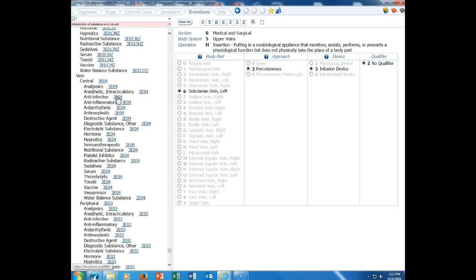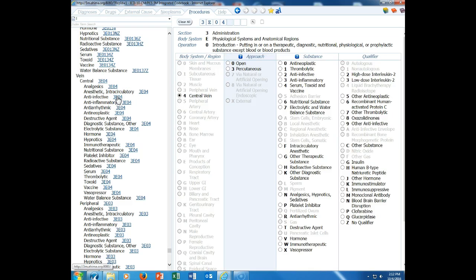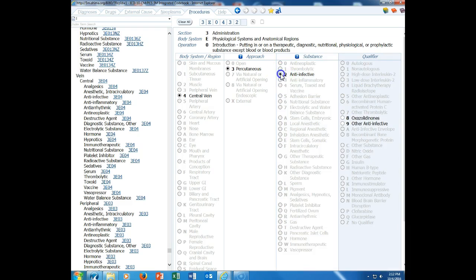I don't see antibiotic listed there. So we'll pick this table 3E04, and the approach is percutaneous. Our substance is anti-infective, and our modifier will be 9, other anti-infective. So our code will be 3E04329.